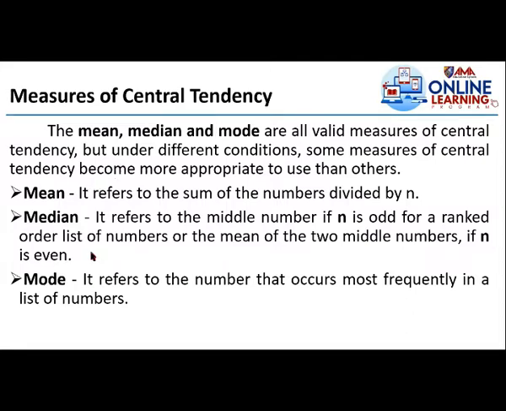Next is mode. It refers to the number that occurs most frequently in a list of numbers. For example, I have a data set: 1, 2, 2, 3, 3, 3, 4, 5, and 6.